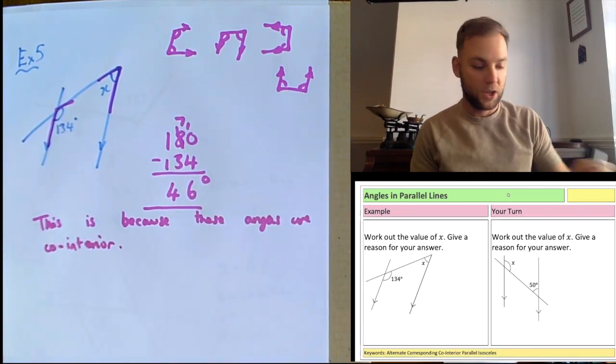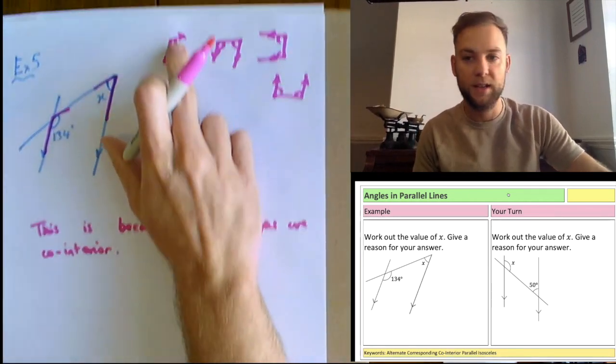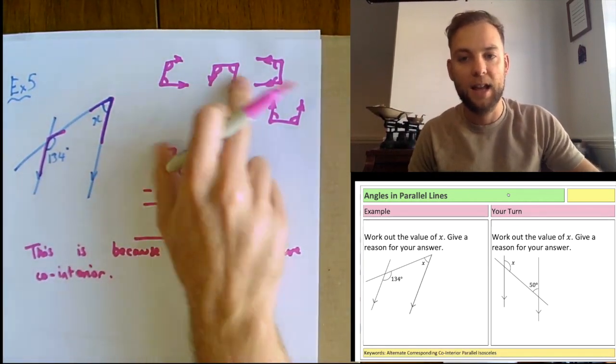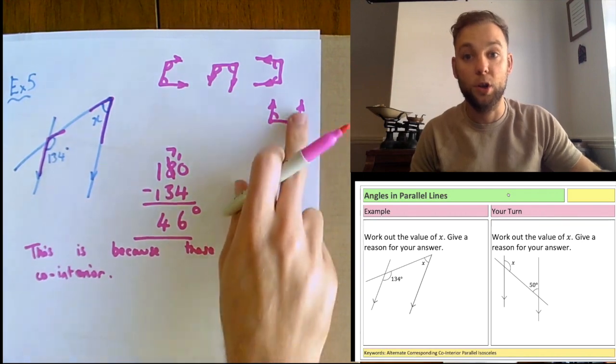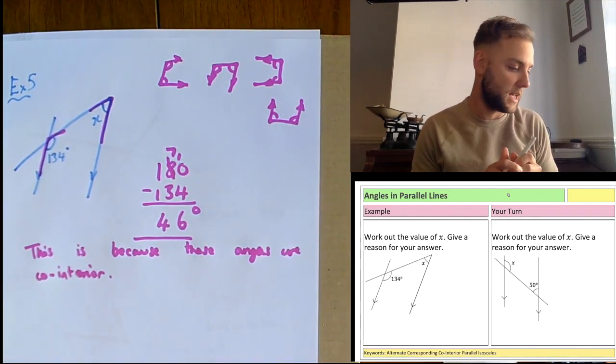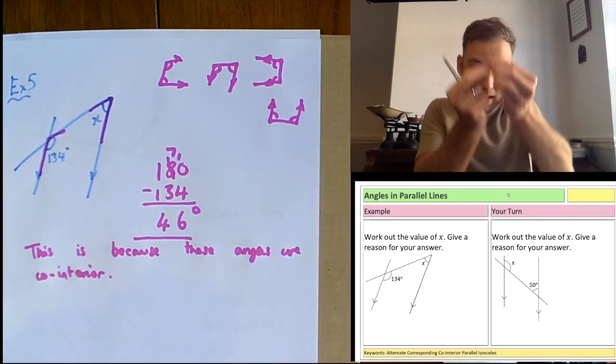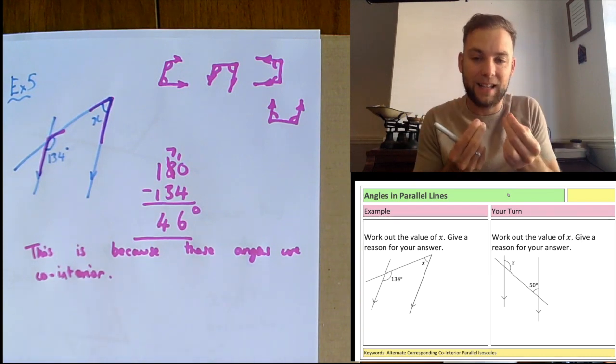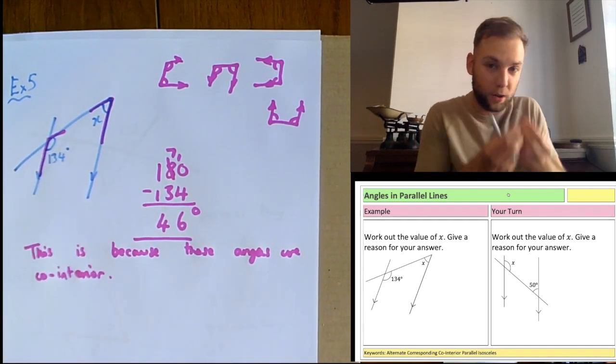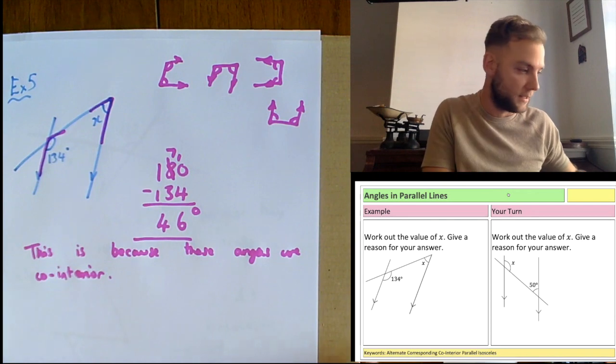Brilliant. So you're looking for this kind of C shape. It's either a C shape, an N shape, a backward C shape, or a U shape. And it's like they're both inside the parallel lines. So you're looking for two angles which are inside that make 180.